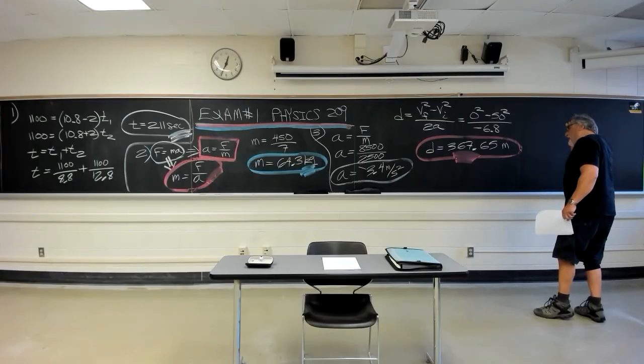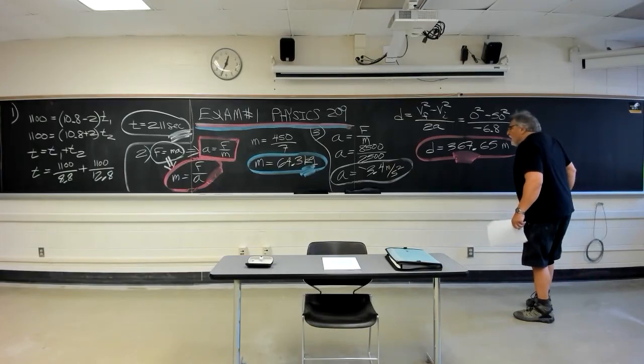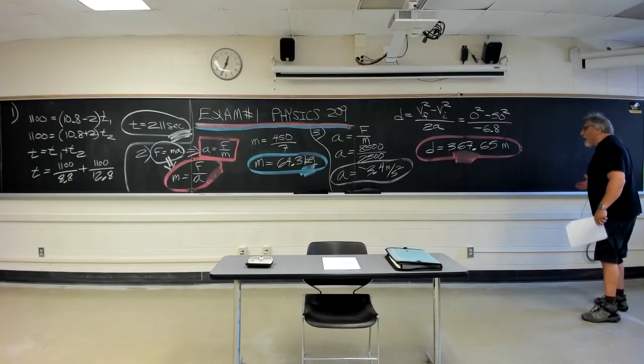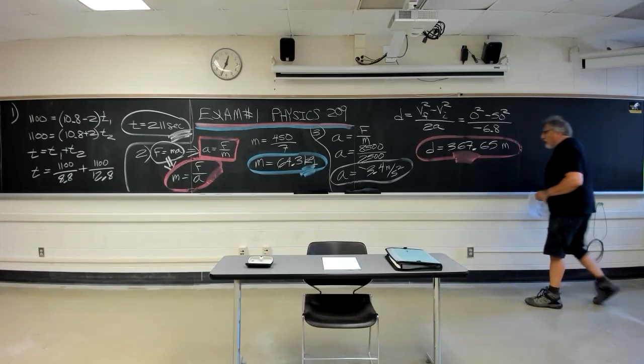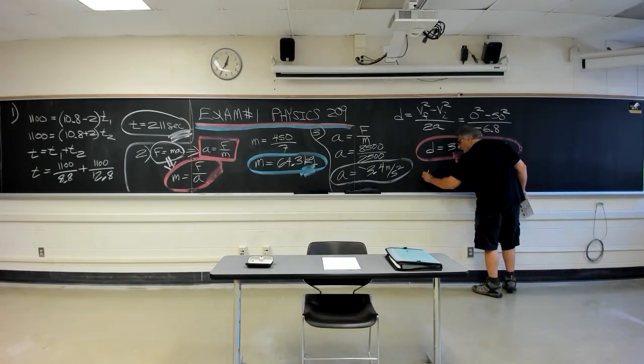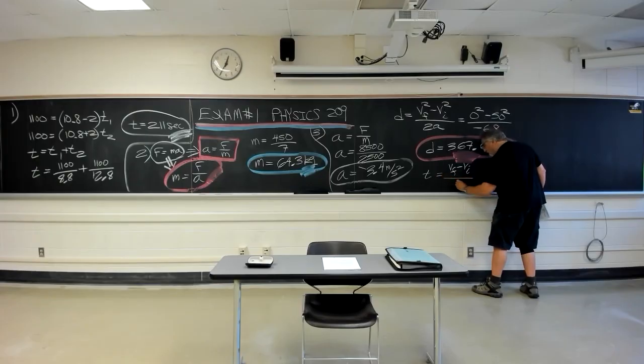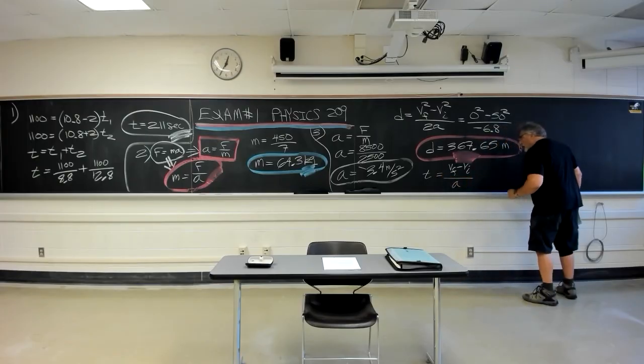When you're looking at something like this, nobody asked you to go any further than this, but if you wanted to find the time, you'd be looking at an equation. Nobody's asking you this. This is the answer. You got it. You're done. But you could also do VF minus VI divided by A. Nobody asked us.